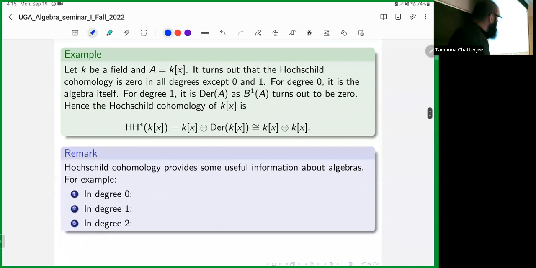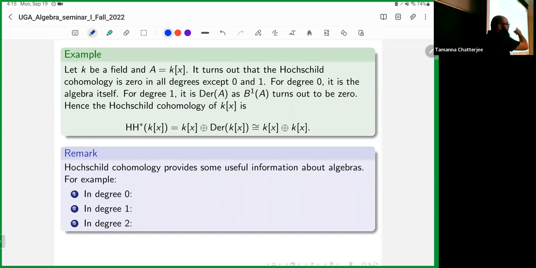Okay, here is a small example. If we take K as any field, and if we take the algebra as K[x], then the Hochschild cohomology will be 0 in all degrees n greater than or equal to 2. But in degree 0 and degree 1, what do we get?